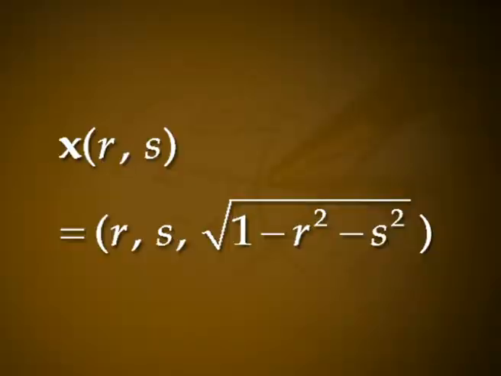Example 3. The upper hemisphere: x of (r, s) is equal to (r, s, square root of 1 minus r square minus s square). Let gamma of t be equal to (sin t, 0, cos t). This is a unit speed curve in x for minus pi by 2 less than t less than pi by 2.